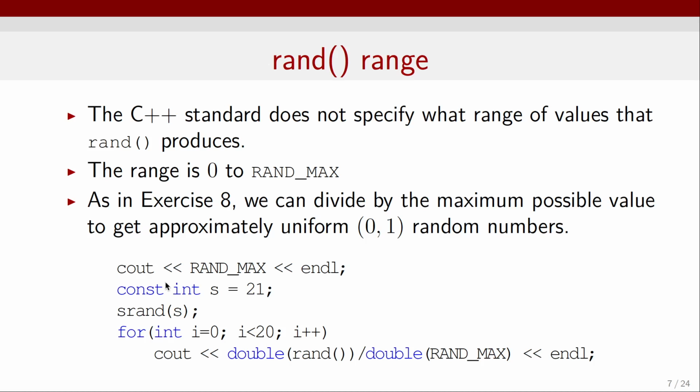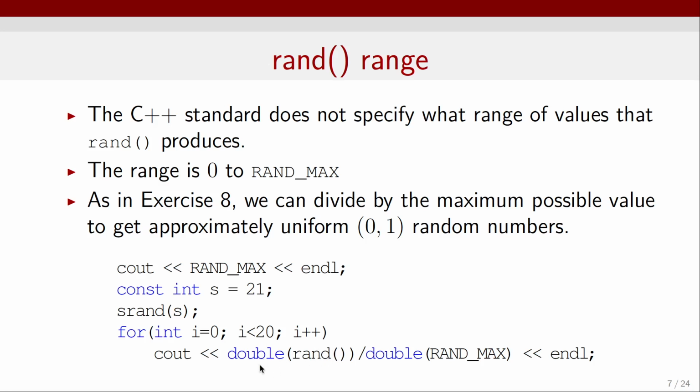So for example, here we do a cout of RAND_MAX to see what the maximum random number is, and then we set the seed by using the command srand. Then inside a for loop we simply call the rand command, which gives us a pseudo-random integer.